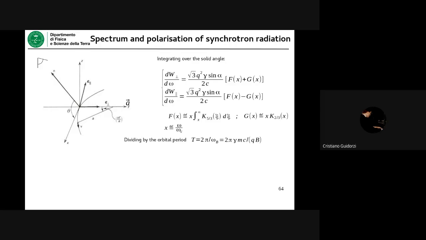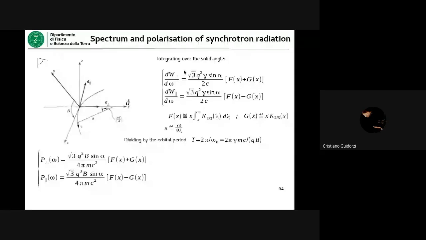The gyration frequency is qB/gamma mc. So if you divide those powers by T, which means multiplying by the reciprocal of this guy, you gain an extra factor of q, so q squared becomes q cubed, and then you gain an extra factor of B, and then gamma just cancels out, and you are left with this guy here.